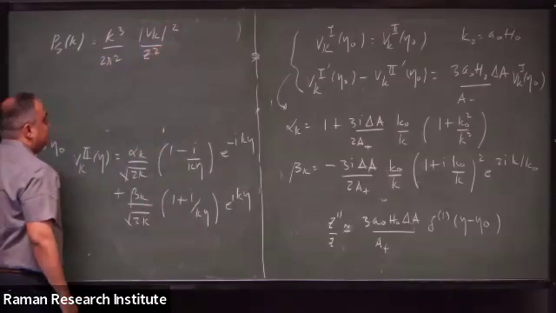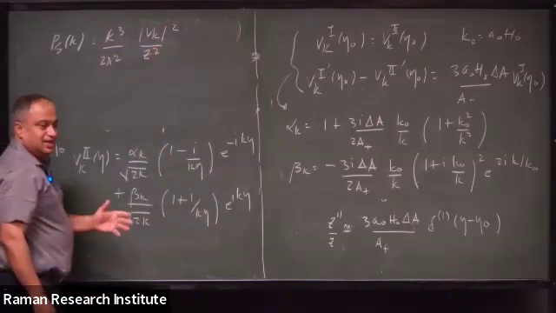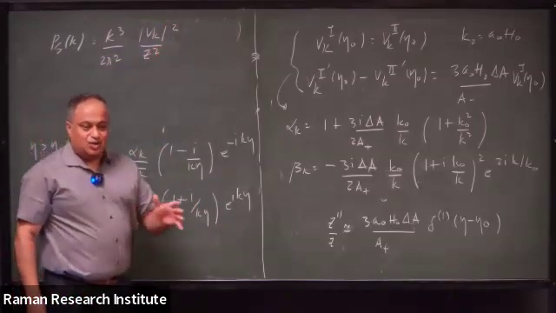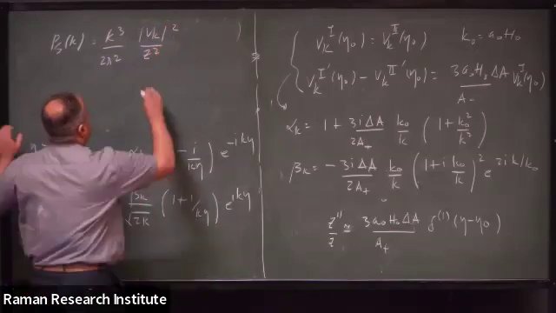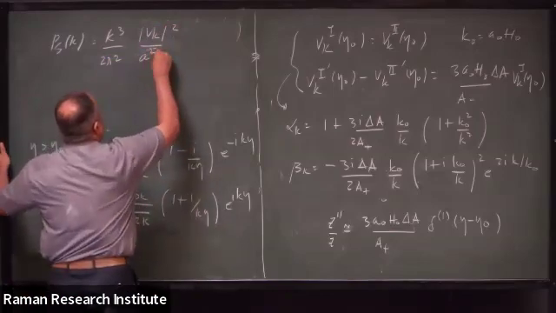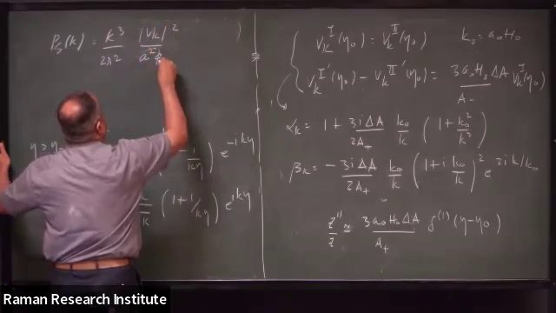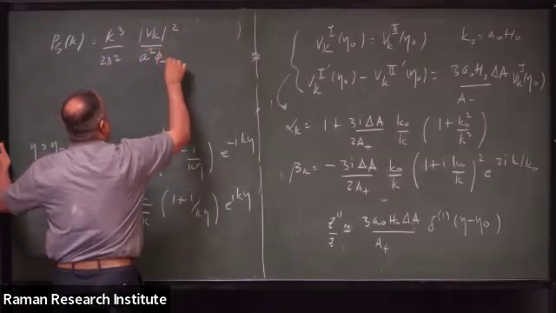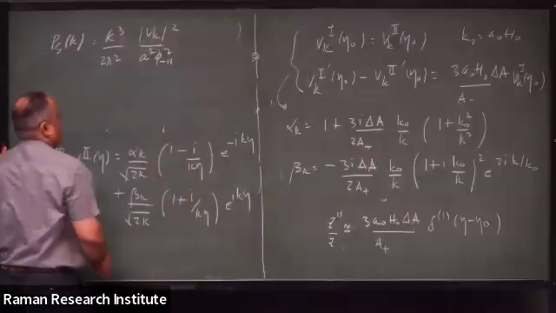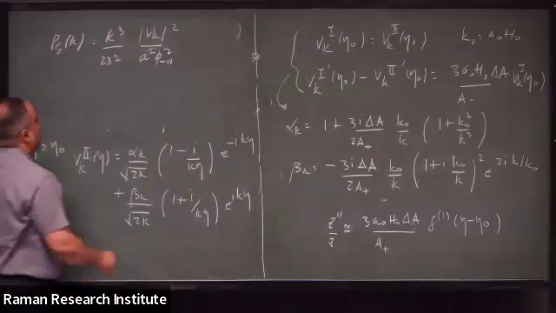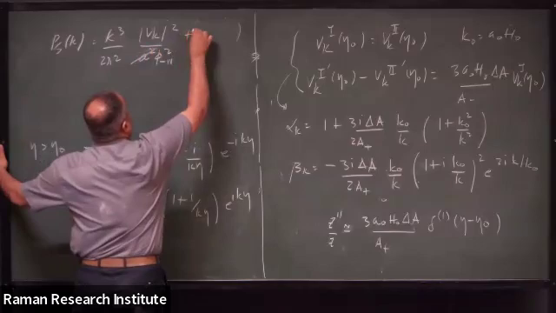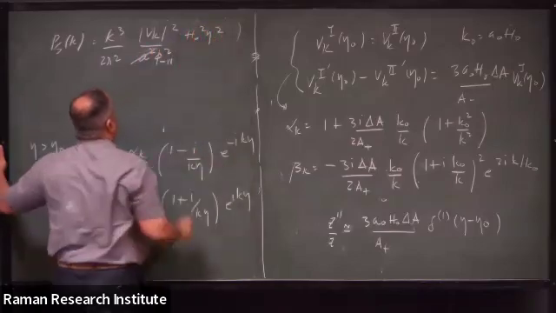And Z squared at late times is essentially determined by A squared. Remember, Z squared is A squared times phi prime over H, squared. A squared is H naught squared eta squared.